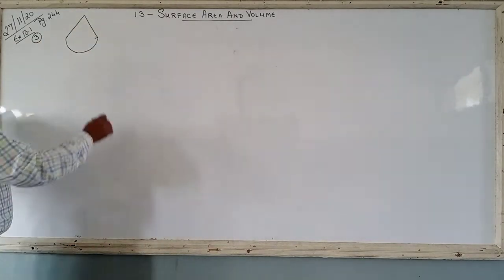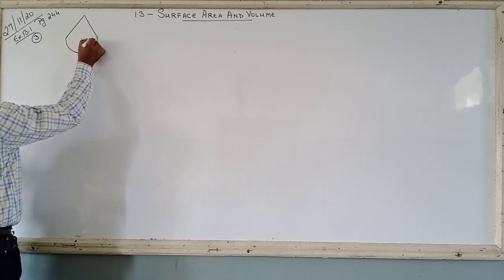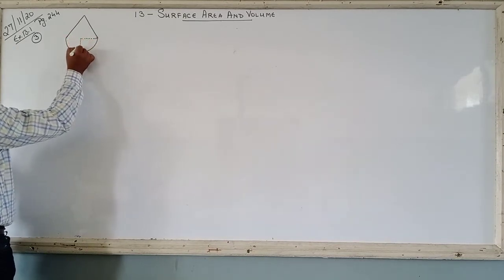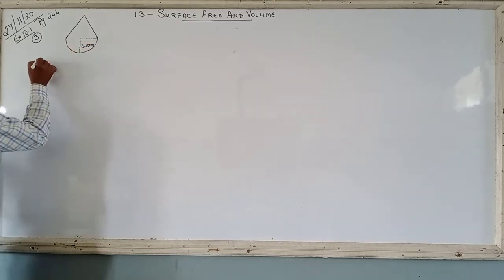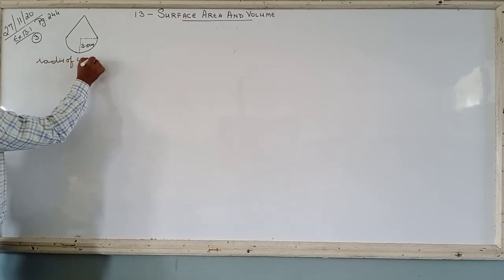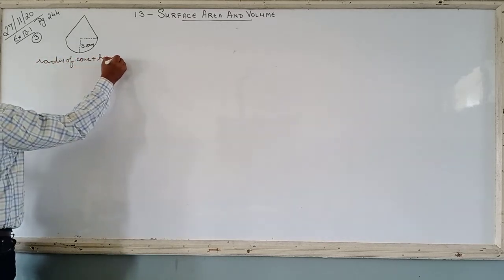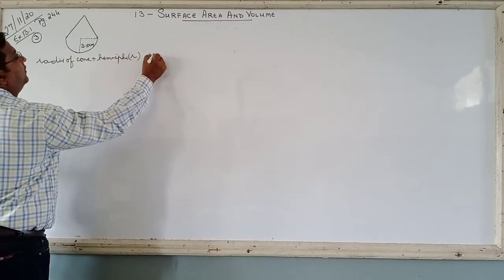Right? And the radius of this hemisphere as well as this cone is 3.5 centimeter. The radius of this cone and the radius of the hemisphere is given to us as 3.5 centimeter. So radius of cone and hemisphere r is equal to 3.5 centimeter.